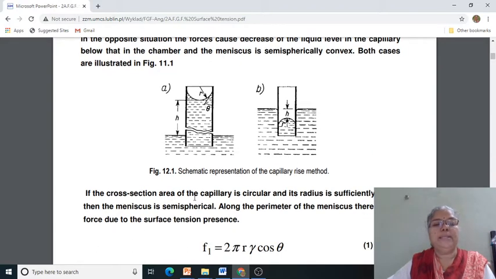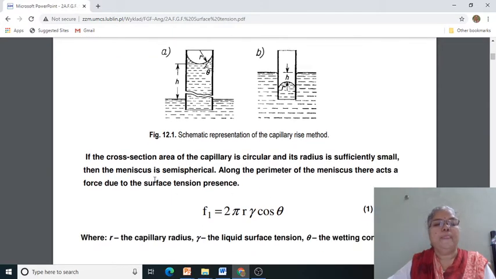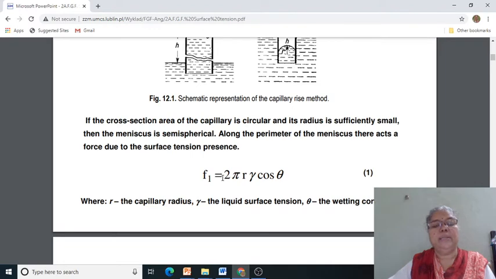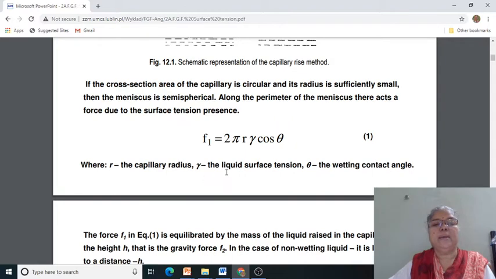If the cross-section area of the capillary tube is circular and its radius is sufficiently small, then the meniscus is semi-spherical. Along the perimeter of the meniscus, there acts a force due to the surface tension present, and that force is given by F1 = 2 pi r gamma cos theta, where r is the capillary radius, gamma is the surface tension, and theta is the wetting contact angle.